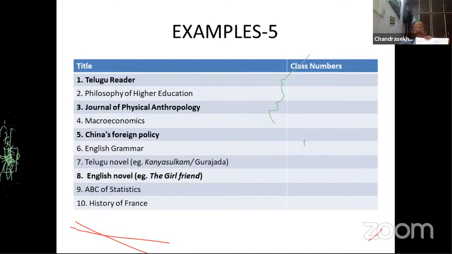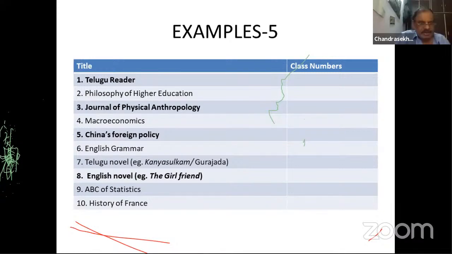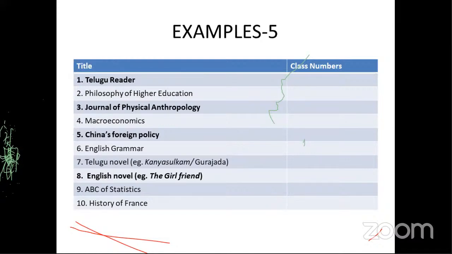So physical anthropology of humans is 599.9. It is in the index also, so we can take it directly from the index. So general is 05. From table 1, standard division 05 is general. So 599.9 05. We add 05.